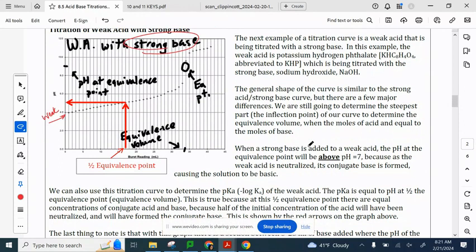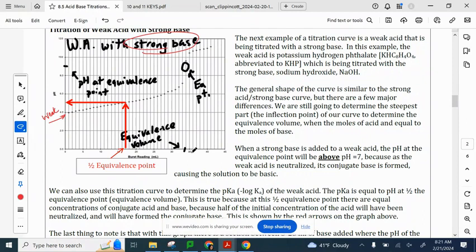So one of the interesting things about this is when you have this situation, when you are at midway to the equivalence point. So here is your equivalence point. That is 35 milliliters. So half equivalence point would be how many milliliters?